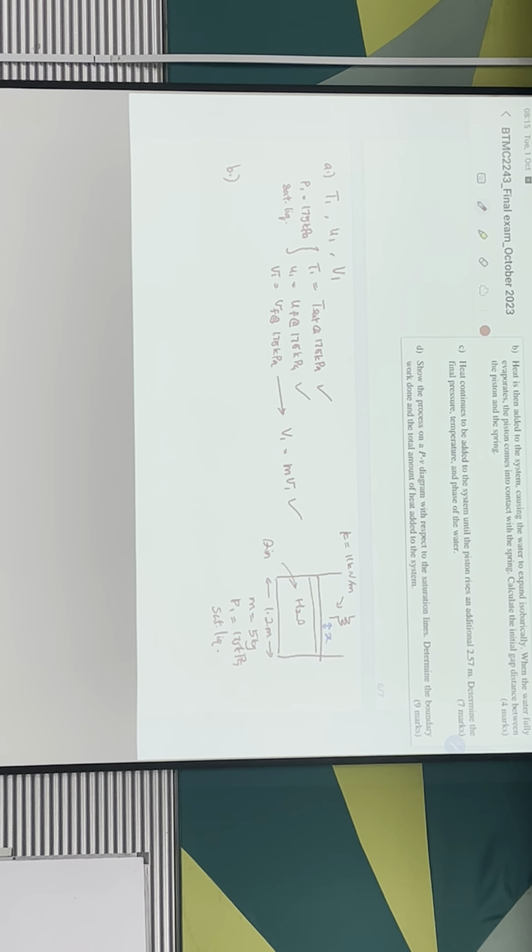Okay, so let's see. If the water has fully evaporated, which means that in state 2, the water will be in saturated vapor. Saturated vapor, correct.